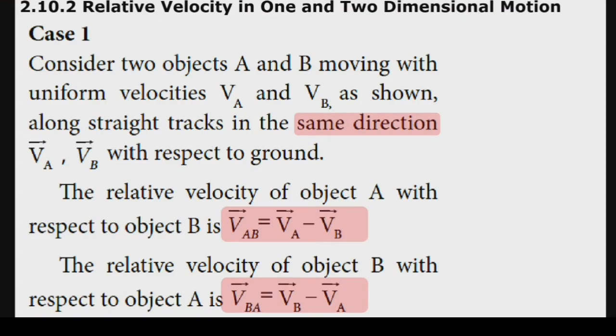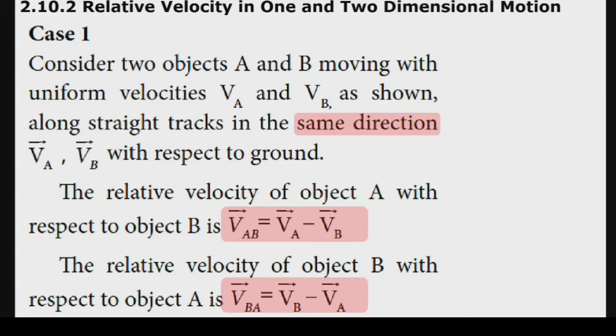Relative velocity in one and two dimensional motion. Case 1: Consider two objects A and B moving with uniform velocities VA and VB along straight tracks in the same direction, VA vector and VB vector with respect to ground, as shown in the figure.